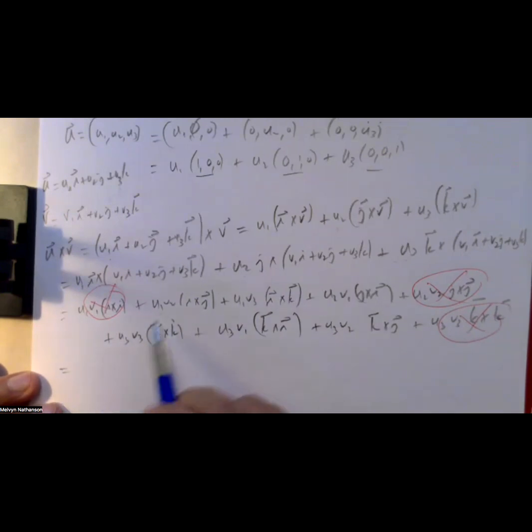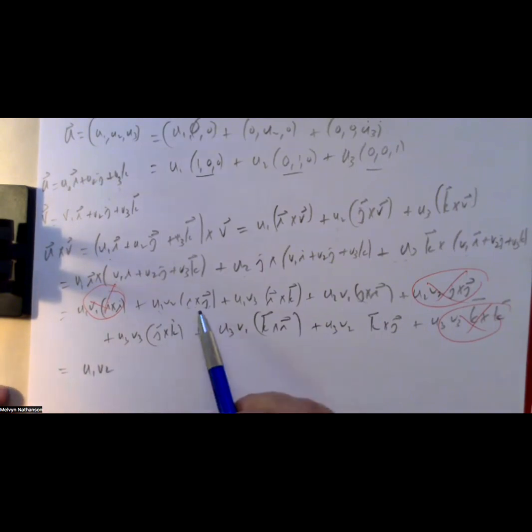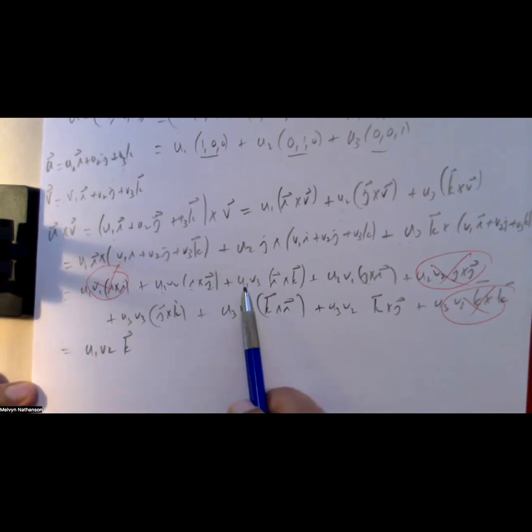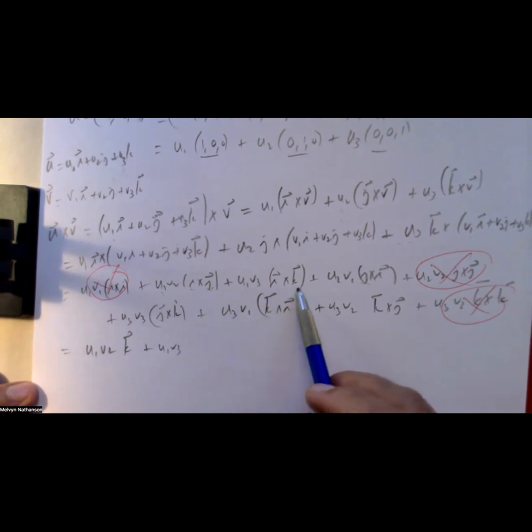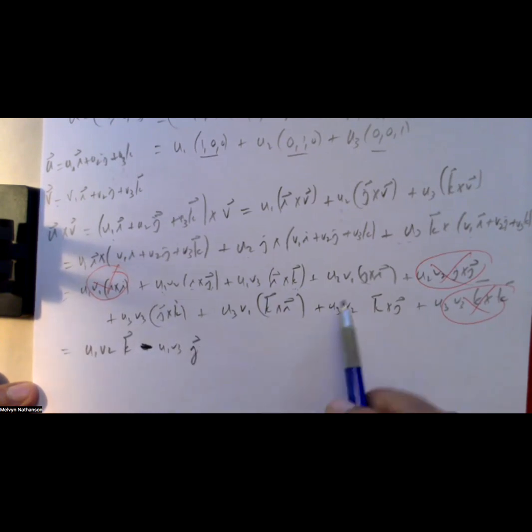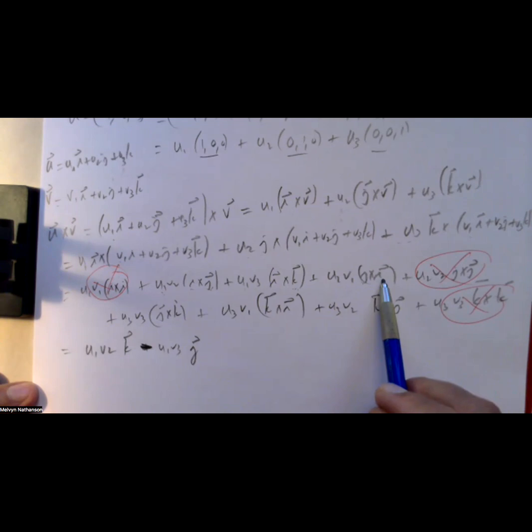I have u1 v2 i cross j, but i times j is k. u1 v3 i times k: k times i is j, so i times k is minus j. j cross i: j cross i is k, so j cross i is minus k.